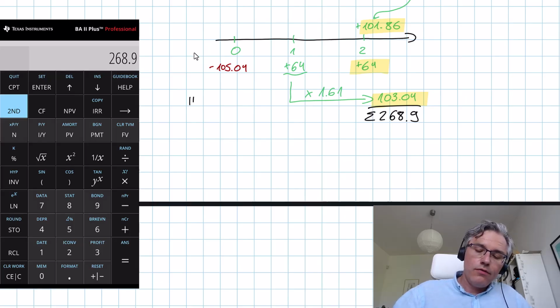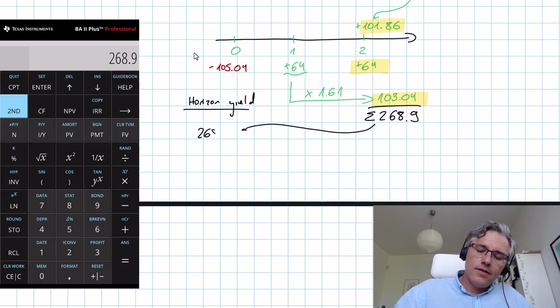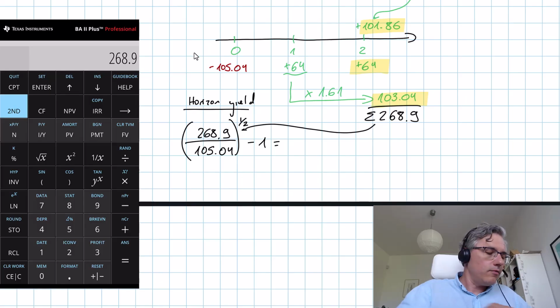Now, let's compute the horizon yield. 268.9 divided by the initial purchase price of 105.04 raised to the power of 1 over 2, minus 1. This should be ringing some bells, to be honest, if you paid attention and you did some computations along with me.